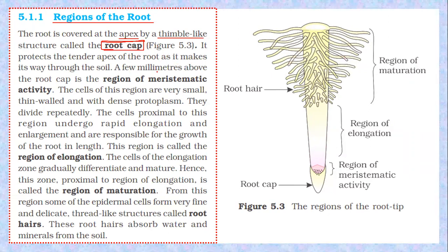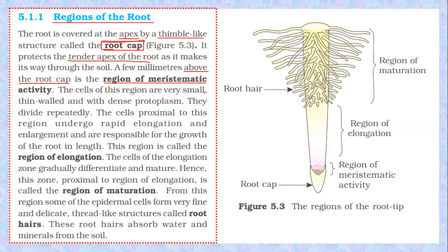Okay, so the root is covered at the apex by a temple-like structure called the root cap. It protects the tender apex of the root as it makes its way through the soil. A few millimeters above the root cap, very important, is the region of meristematic activity.